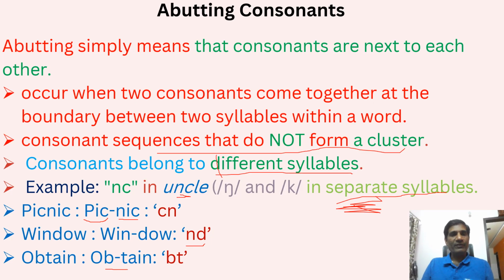Remember the difference between abutting consonants and consonant clusters. Consonant clusters are with no vowel sound between them, and also they form in a single or same syllable, whereas abutting consonants are in separate syllables. They do not form a cluster.